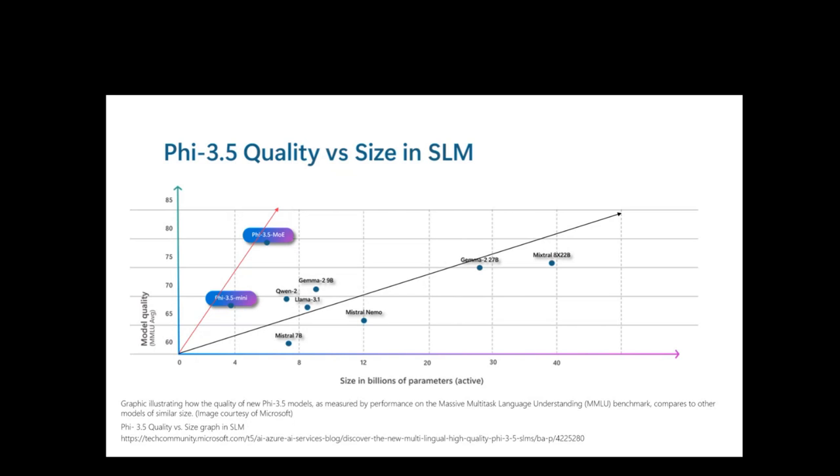Now, if you see the rest of the models on the screen, you have the Mistral, the Gemmas, the Llamas. If you observe the black line there, for example, the point to observe here is that in the black line, there's a very linear, that is a predictable, increase in the MMLU benchmarks. That is one of the characteristics of the large models.